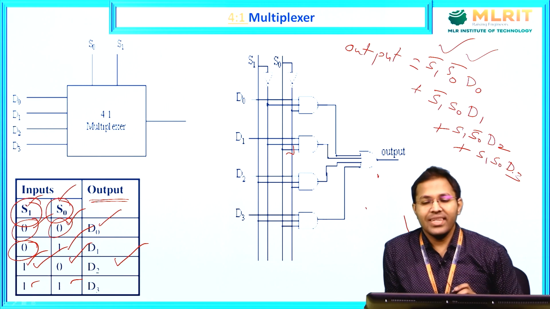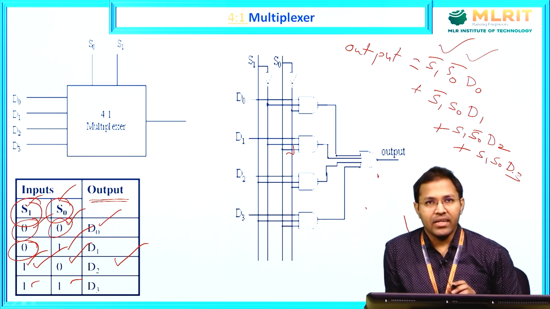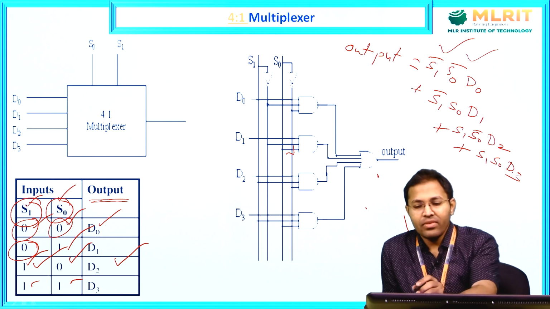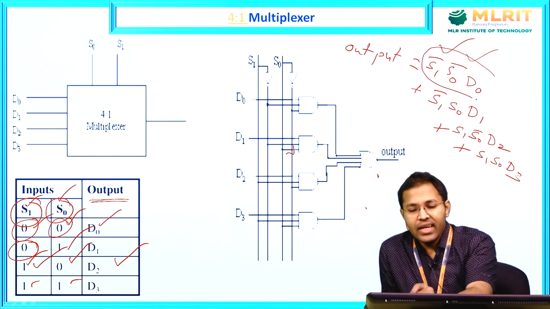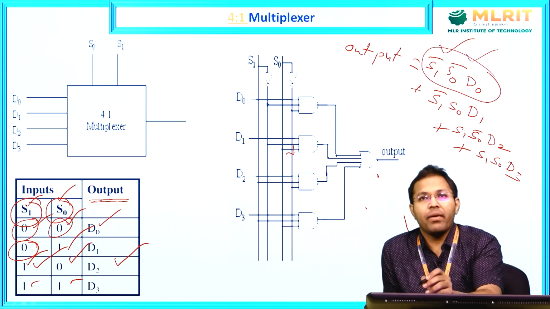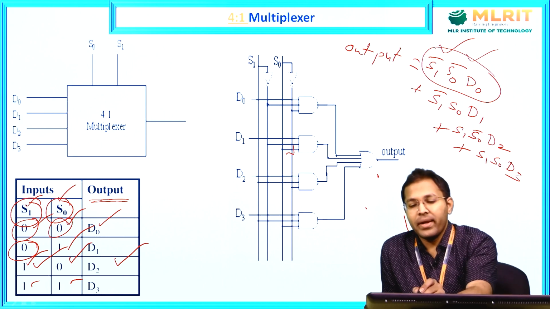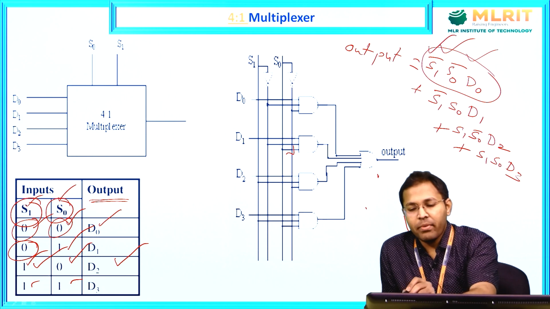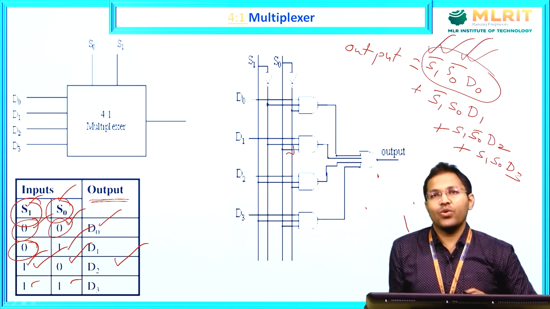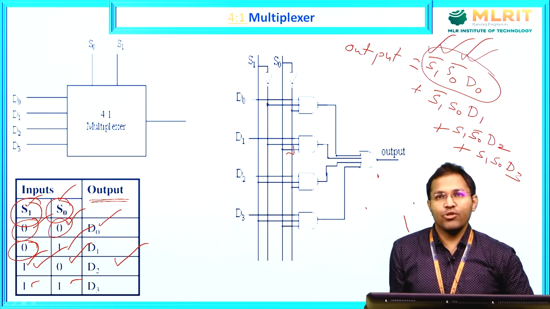Now based on this, we can easily construct the circuit diagram. How? Here, in this case, we have S1 bar, S0 bar, D0. To get these complements, S1 bar and S0 bar, we can use NOT gates.